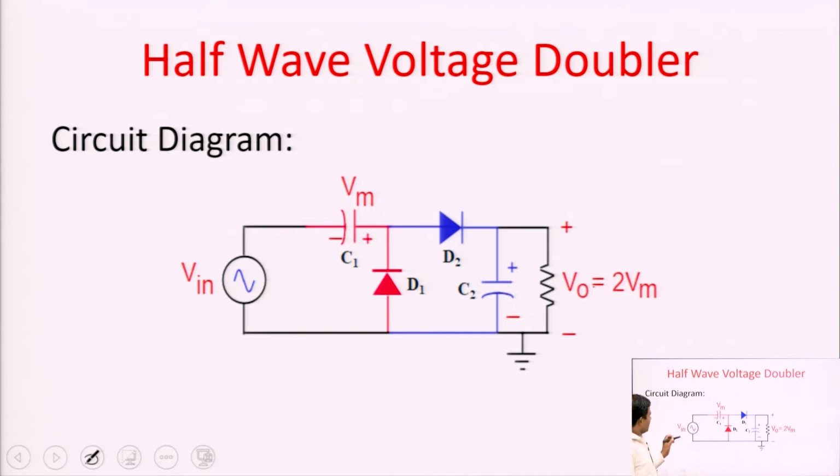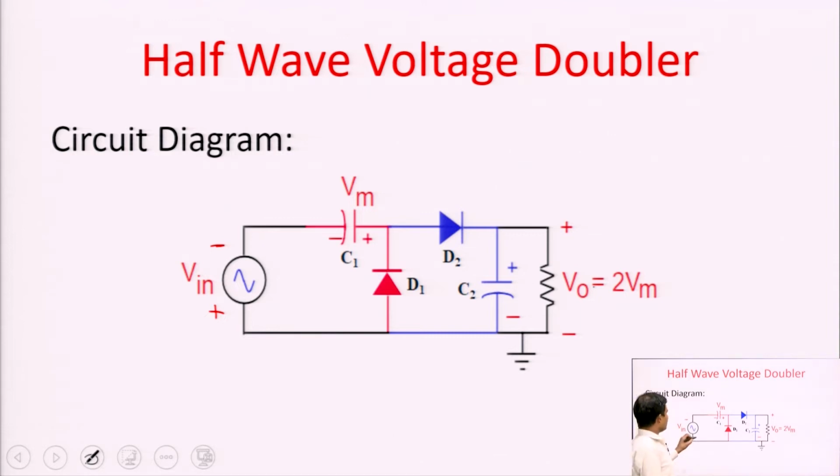Now, there are two types of half of the input signal, that is the positive half cycle and the negative half cycle. We can see that D1 will be in forward bias obviously in the negative half cycle. In the negative half cycle, D1 will be in forward bias and D2 will be in reverse bias.